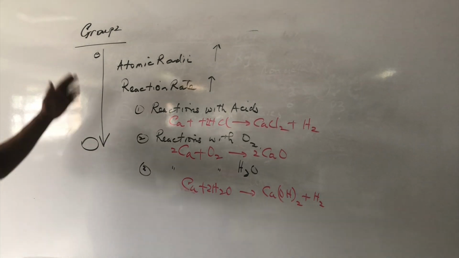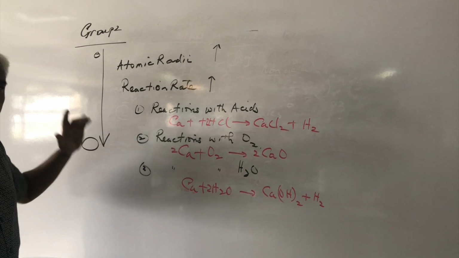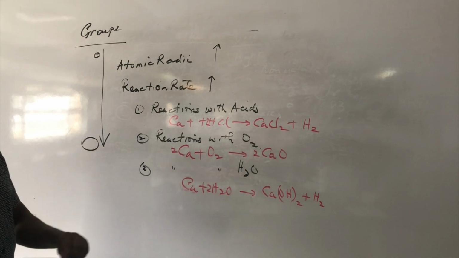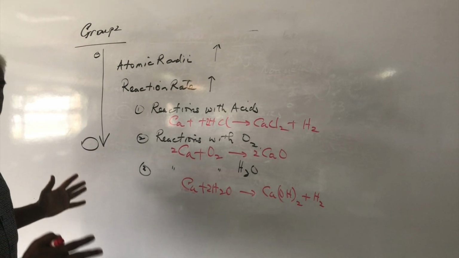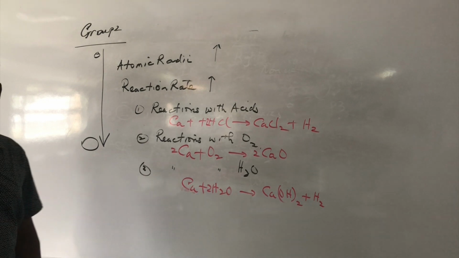But notice something, as we go down group 2, the reaction rate will increase. Why is that so? The size of the atom increases, the electrons are lost faster. Take a look at this, we come back.